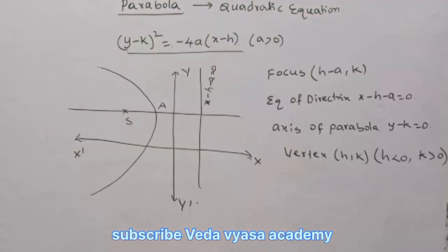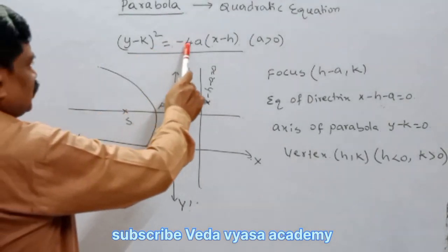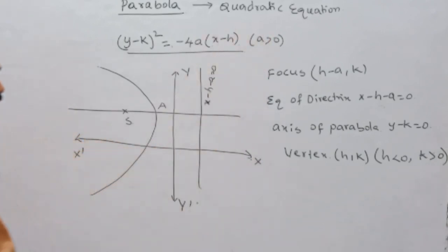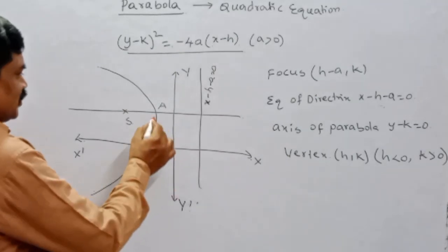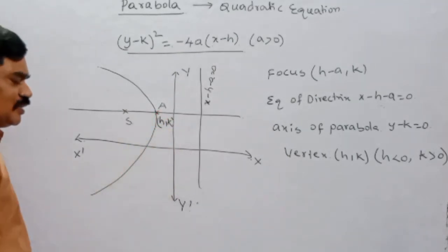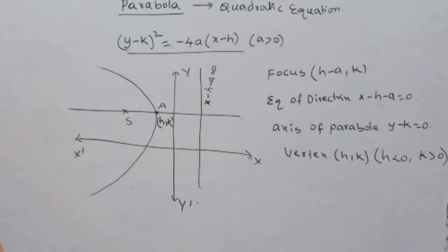Here, you observe all of you: y minus k whole square is equal to minus 4a of x minus h, a greater than 0. Here the vertex is (h, k).